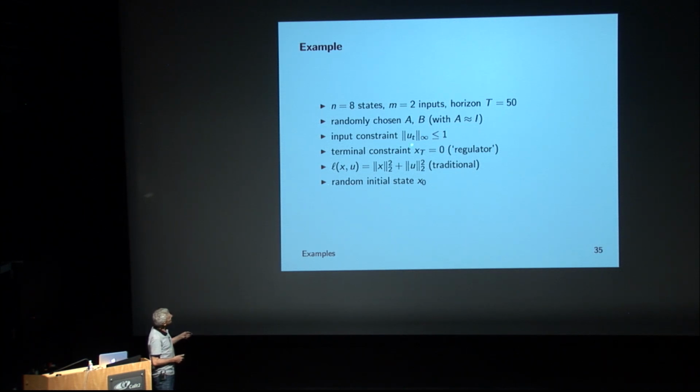And then the idea is we need the final state to be 0. That's called a regulator, because usually x equals 0 means you're back where you wanted to be, right? You have some place where you're cruising at whatever it is, 33,000 feet at Mach 0.81, and that's x equals 0, and then this will get you back there, right?